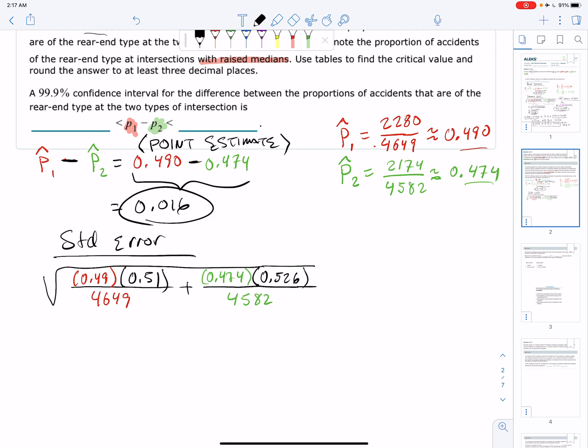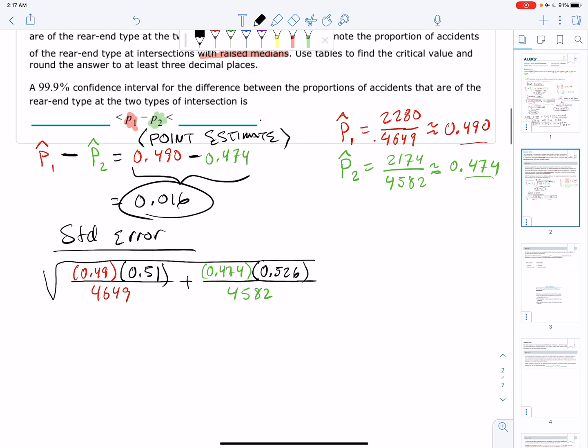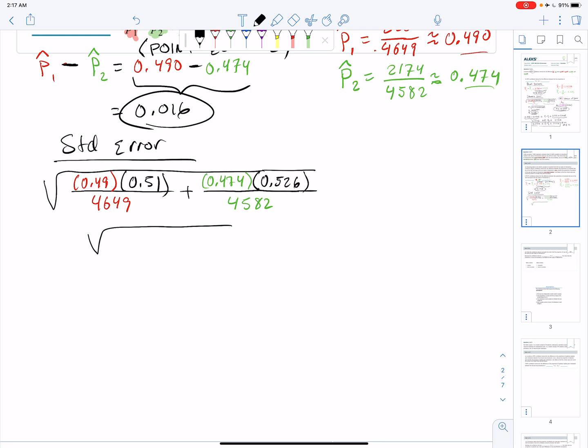All right, so we throw that in the calculator, and I'll show you some of this intermediate stuff so you can match what you have. 0.000108167, dot dot dot. And when I take the square root of that, of course these are approximations, I get 0.0104, and that is my standard error.